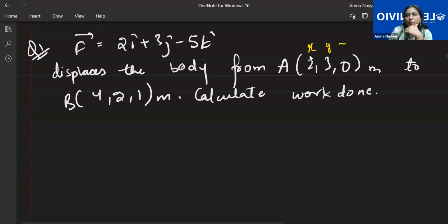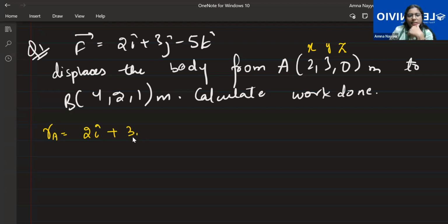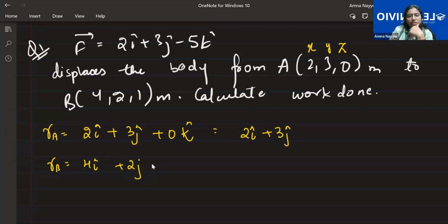This is X, this is Y, this is Z. So you write RA as 2I cap plus 3J cap plus 0K cap, which is equal to 2I cap plus 3J cap. Then you have RB, which is 4I cap plus 2J cap plus 1K cap. This 1K cap you can write it as only K cap.